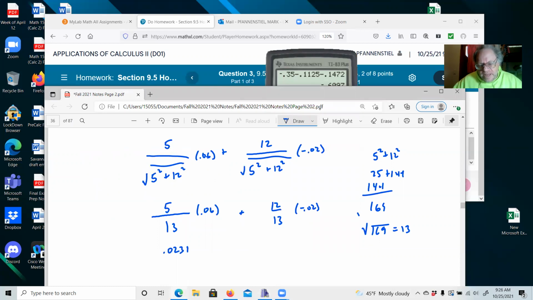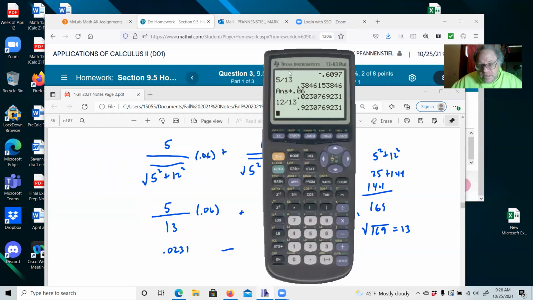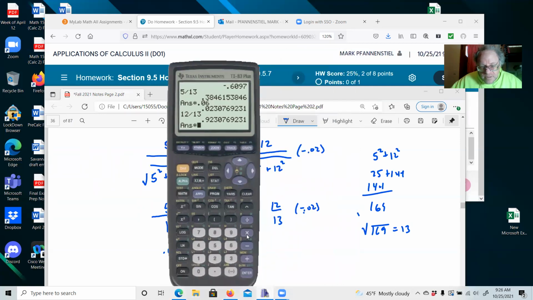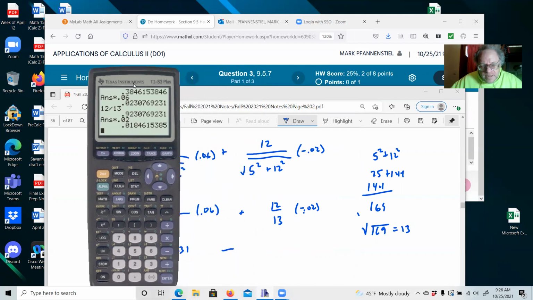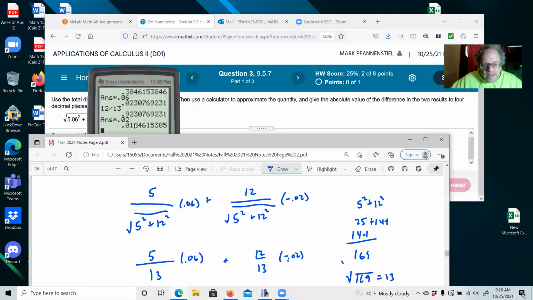And then we have a minus, because we have this minus. And we have 12/13, 12 divided by 13, and then times 0.02. So we're going to say this is 0.0185. So we're going to round it, 0.0185.